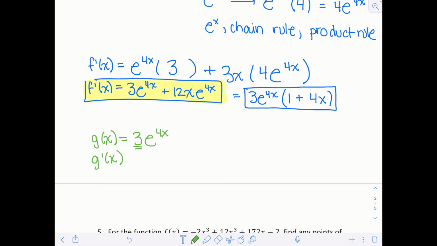And that's because now in front it's just a 3, so you don't have to treat it like a different function. You could just say that 3 is in front of that function e to the 4x. So to take the derivative, I would just leave the 3 there and then take the derivative of e to the 4x, which we've already said is 4e to the 4x. And then let me go ahead and multiply here. 12 e to the 4x. So that would be the answer in that case.